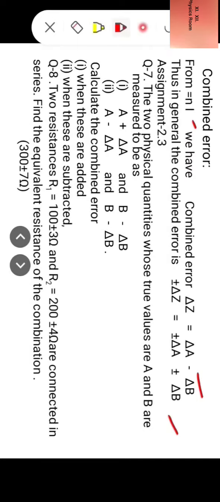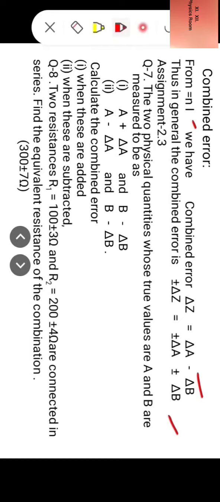If it is a case of addition, we have plus. If it is a case of subtraction, we have minus.